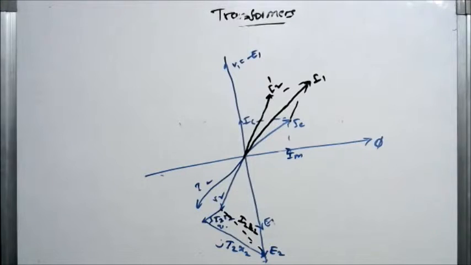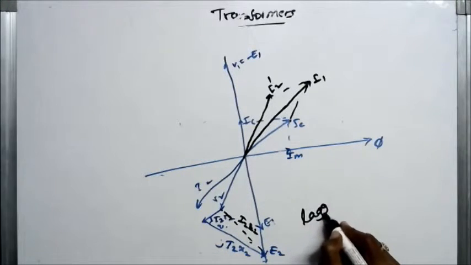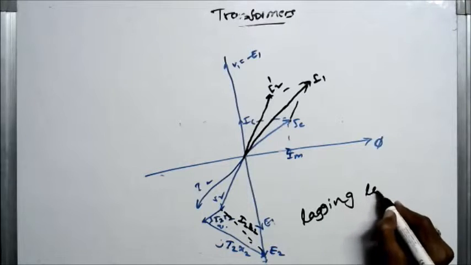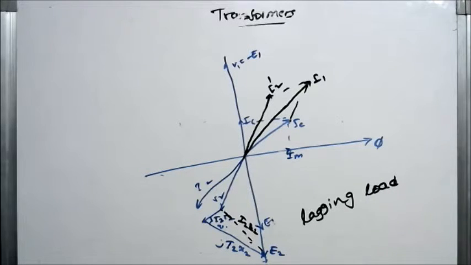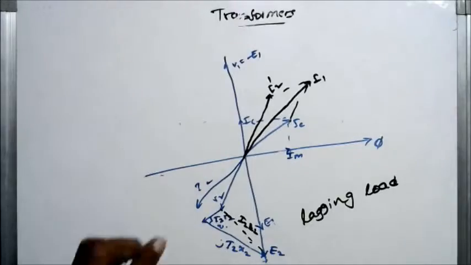This is all about the phasor diagram of lagging load. Is it? This is lagging load. So for leading load, we'll get... okay, see here. Here this is wrong.